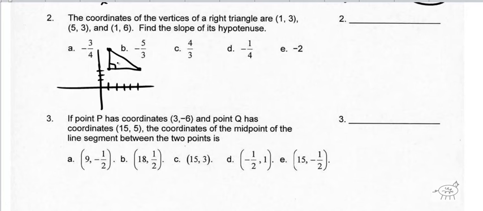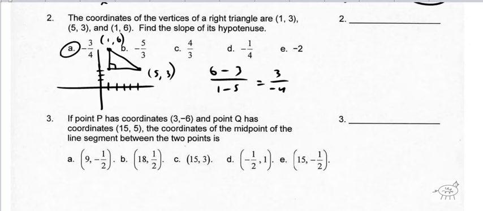And so now it says find the slope of the hypotenuse. Well, if this is 1, 6 and this guy here was 5, 3, you know your slope is change in y over change in x, right? So it's 6 minus 3 over 1 minus 5. So it's 3 over -4 or -3/4, which is A.